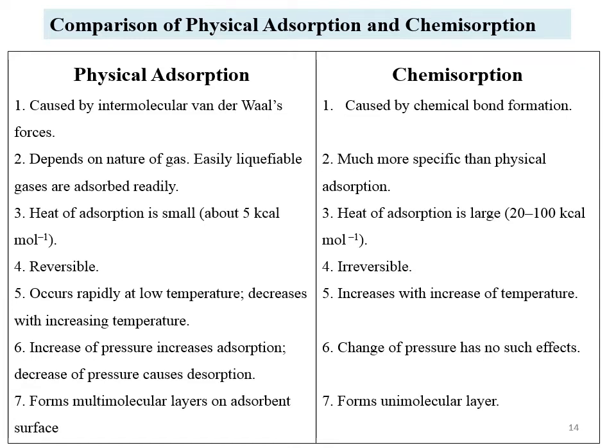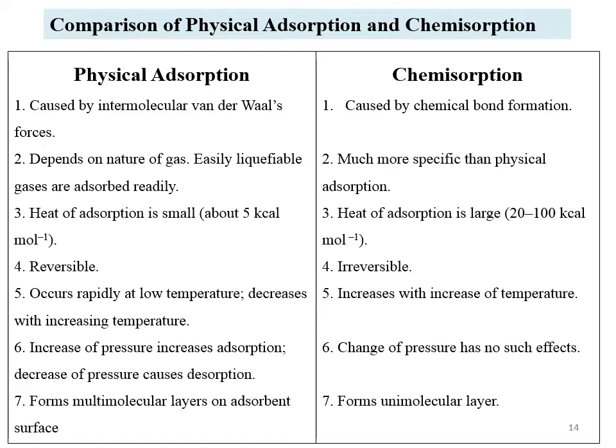While in case of chemical adsorption or chemisorption, adsorption increases with the increase in temperature. Similarly, an increase of pressure increases physical adsorption, and a decrease of pressure causes desorption if the process is physical adsorption.